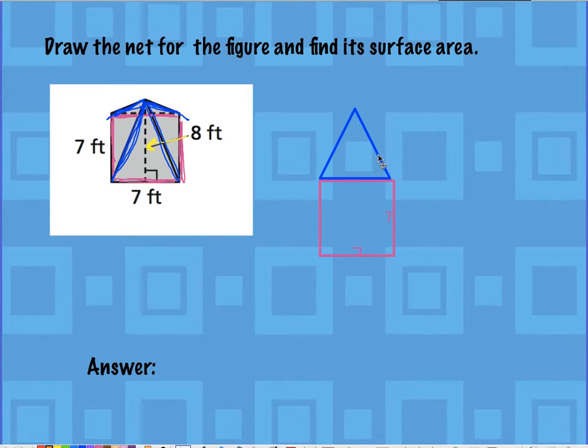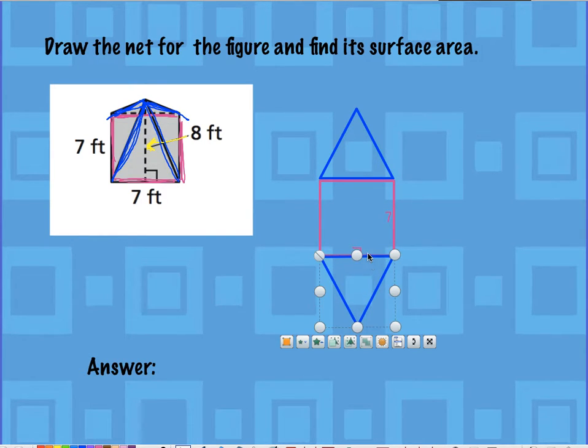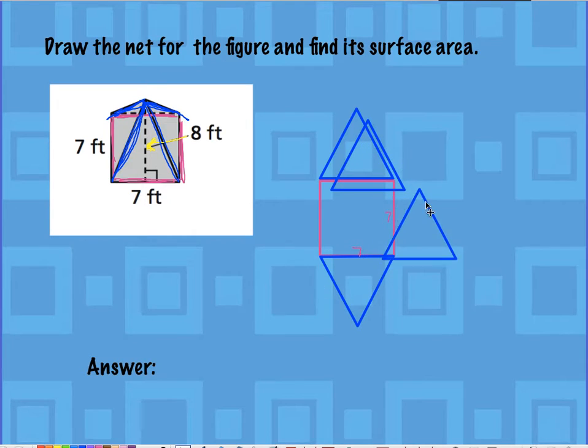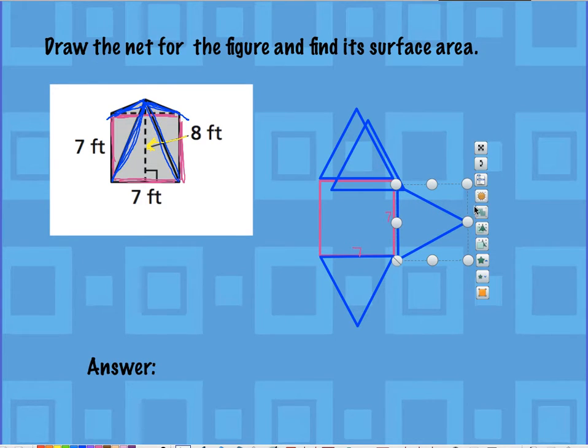There we go. We know that each of those has to have a base that's the same as the square because of the fact that it's a pyramid, and so the bases have to work so that they fit and we can form that closed three-dimensional figure. And then we also know that the height of all the triangles has to be the same, because otherwise you have a pyramid that has a little pointy spot sticking out the top, and we don't want that.